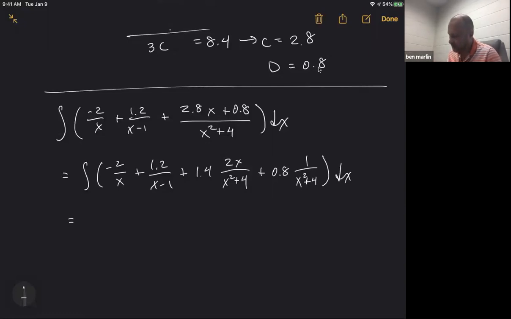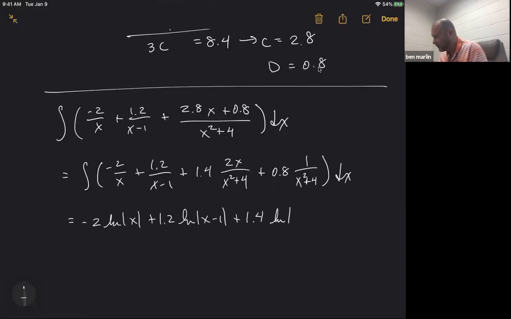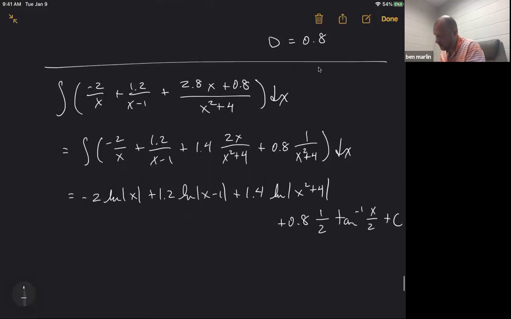So negative 2 log absolute value of x plus 1.2 log absolute value of x minus 1 plus 1.4 log absolute value of x squared plus 4. Of course, x squared plus 4 is always positive, so that's not a problem. Plus 0.8 times, oh, how's this go? It's x squared plus a squared. So it's 1 over the a, which is 2, inverse tangent of x over 2, and then plus c.